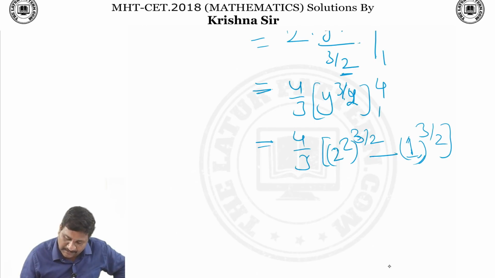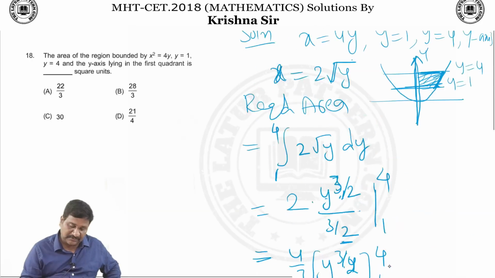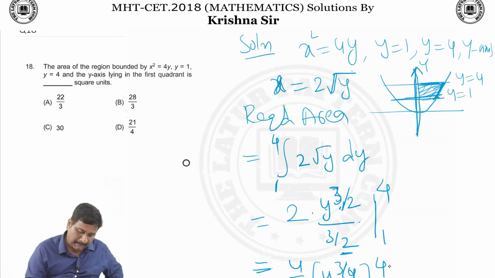So this 2 will get cancelled. Now 4 by 3 into 2 cube, 8, minus 1, which is 7, into 4, 28 upon 3 square units. So the required option is B.